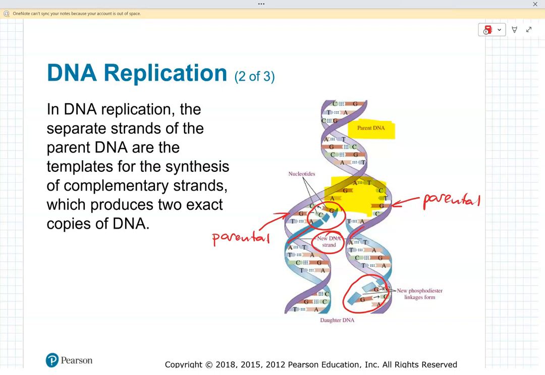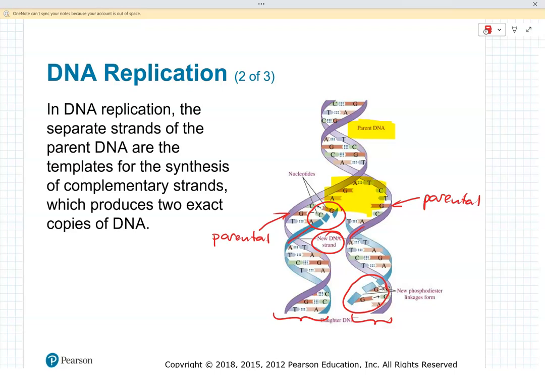We're not going to go into exact details. But effectively, look at each daughter DNA. Does the daughter DNA contain one strand from a parent? Does it contain a newly synthesized strand as well?